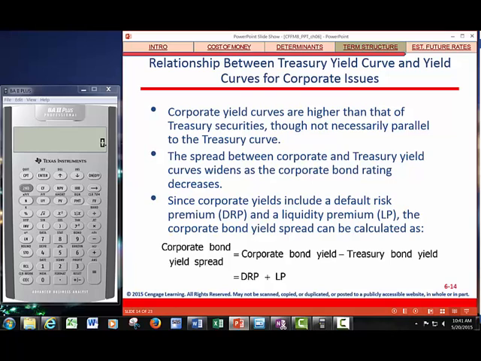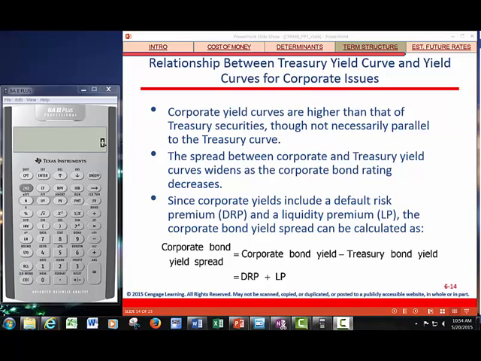One thing to also remember is that the spread between a corporate yield curve and the Treasury yield curve widens as the corporate bond rating decreases, and it's equal to the default risk premium plus the liquidity premium, like we were just talking about.